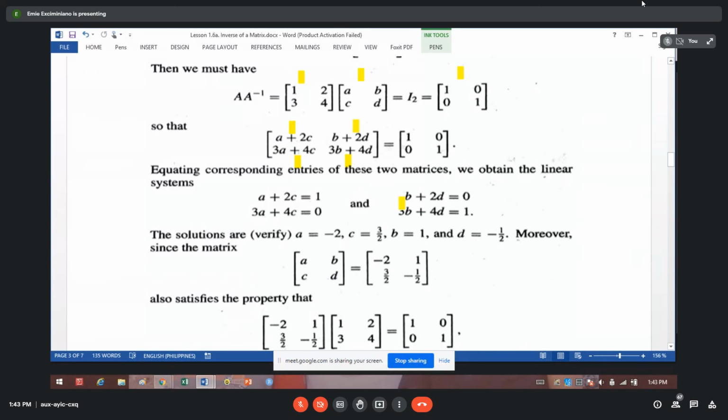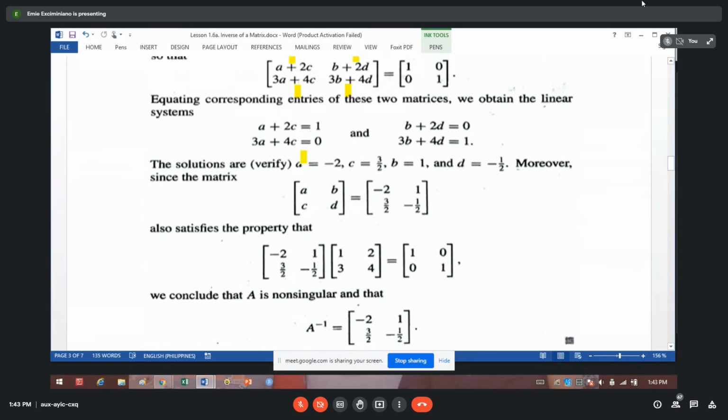Ito naman, B plus 2D equals 0. 3A plus 4C equals 0. 3B plus 4D is 1. Now, to find A, B, C, and D, you have to apply yung elimination method. Di ba? Eliminate the common letter or the common symbol.